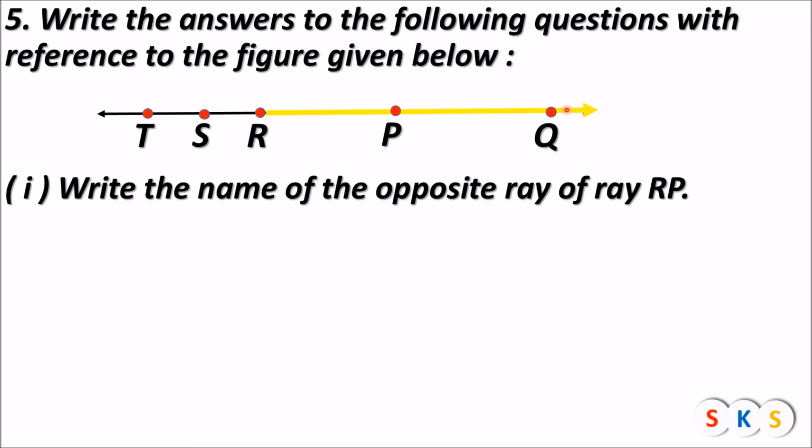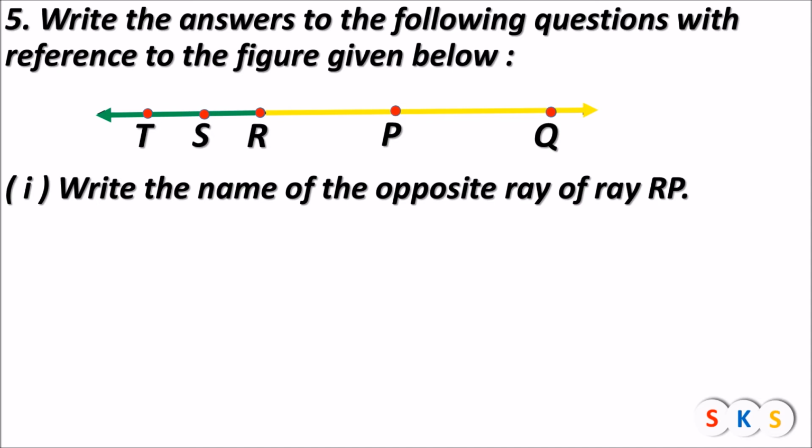These two, ray RP and ray RQ, are two different names of the same ray. Now we need to find the ray opposite to ray RQ. So you can see that it is ray RS or ray RT.